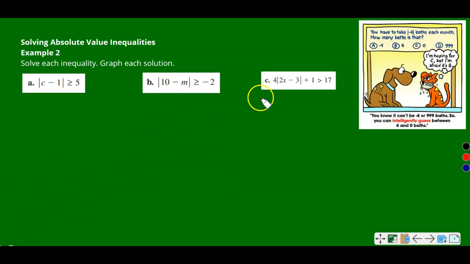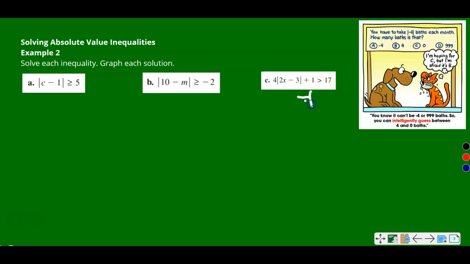For part C, you can see that we have 4 times the absolute value of 2x minus 3, plus 1, greater than 17. Before we set up our two inequalities, the first thing we have to do is isolate the absolute value, or get the absolute value by itself on one side of the inequality.